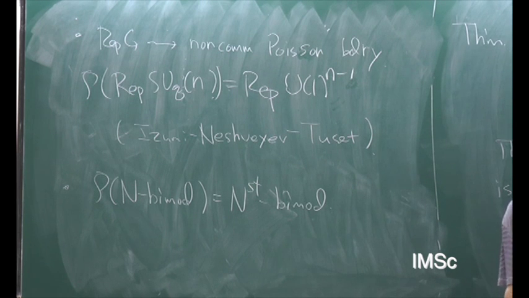D is amenable, and the fusion norm is the dimension in the image.